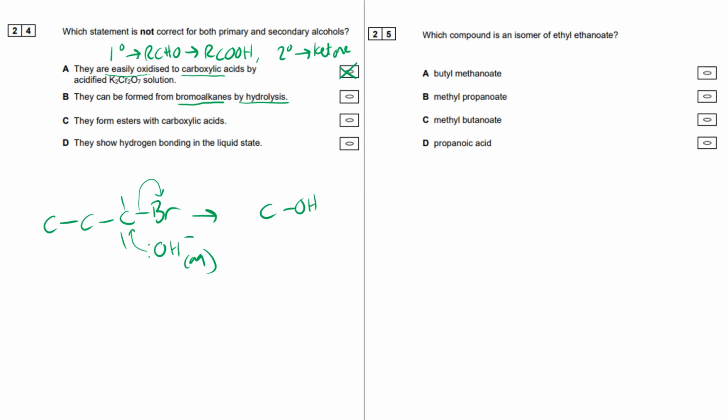If it is a secondary haloalkane, so you've got another R group there, the same thing happens and you'll get a secondary alcohol formed instead. So that is a correct statement.